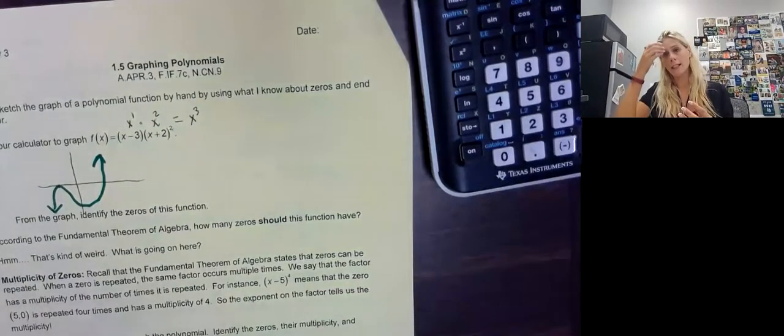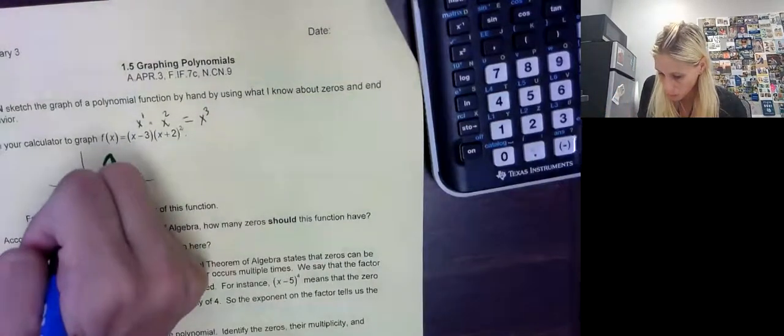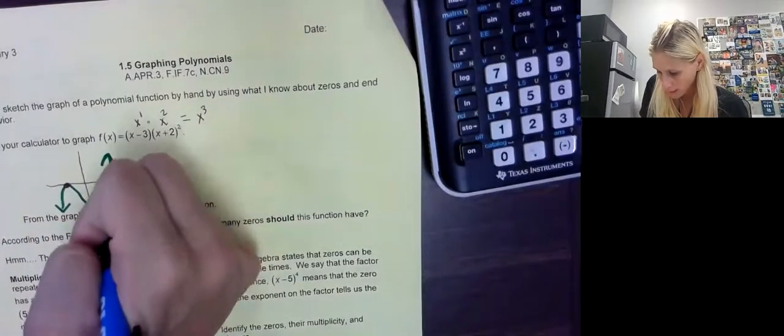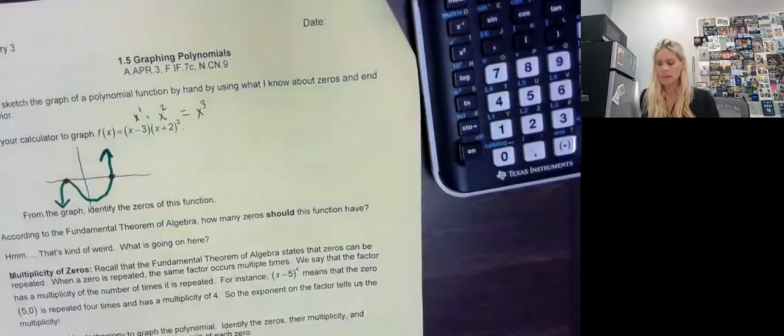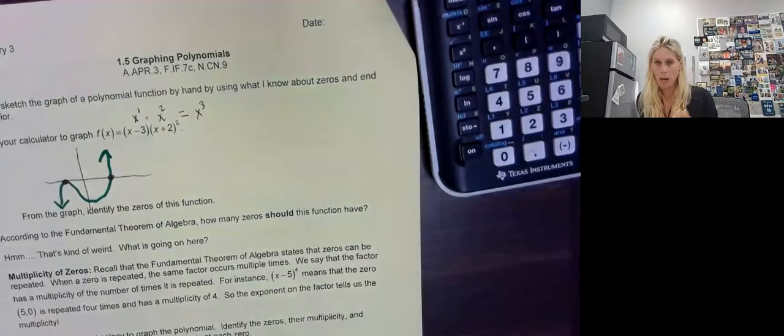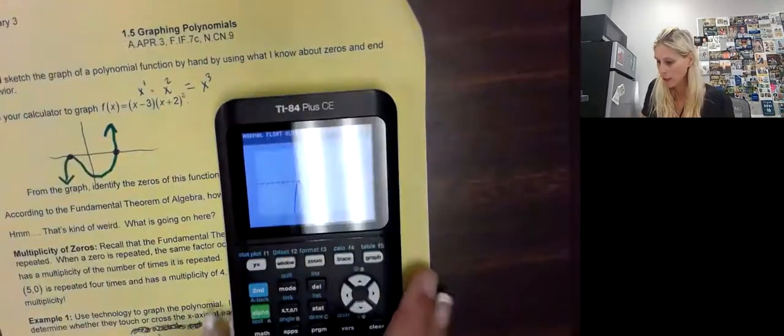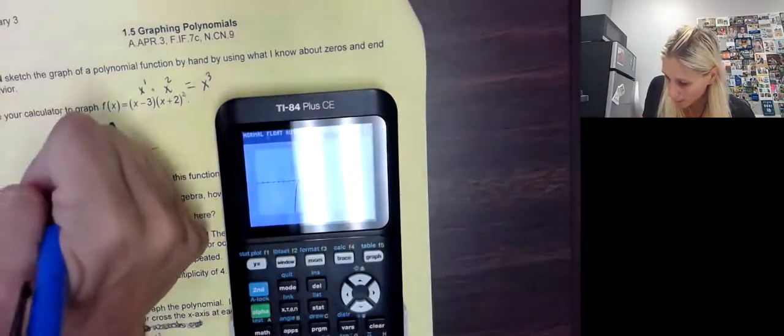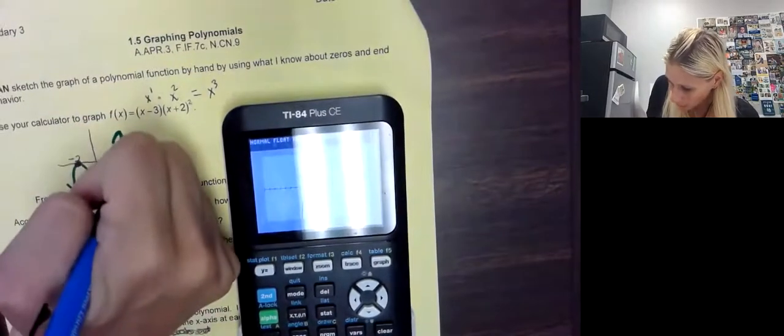Many of you asked yourself this last class. But as you can see, how many times are we crossing this x-axis? Only twice. Where are we crossing? Well, if we look down here, we would be crossing at -2 and 3.